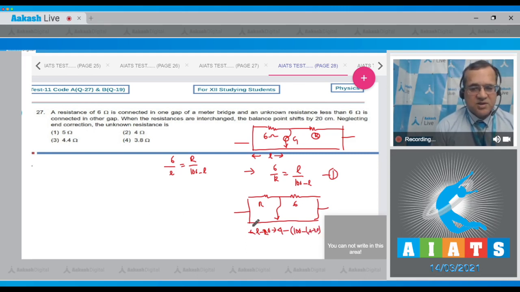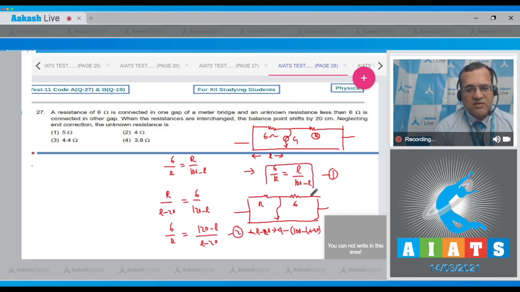Now again I write the equations likewise. So I write that R divided by L minus 20 is equal to 6 divided by 120 minus L. So therefore 6 by R is equal to 120 minus L divided by L minus 20.